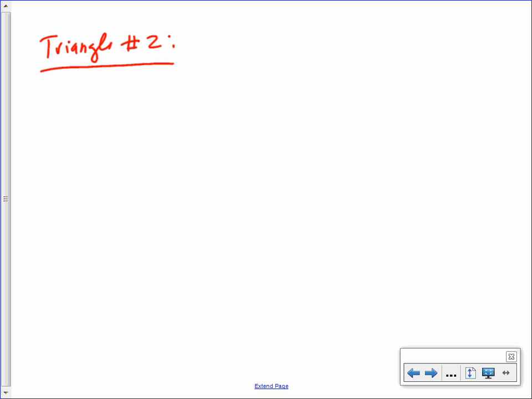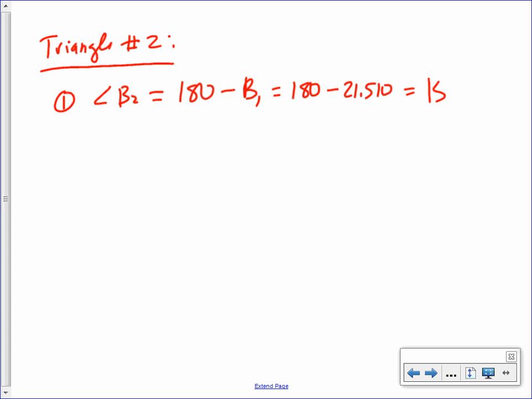Again, to find the second possibility for B, just take 180 minus B1. So 180 minus 21.51. The second possibility for angle B is 158.49 degrees.